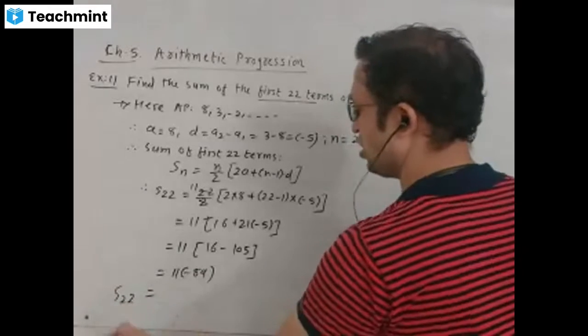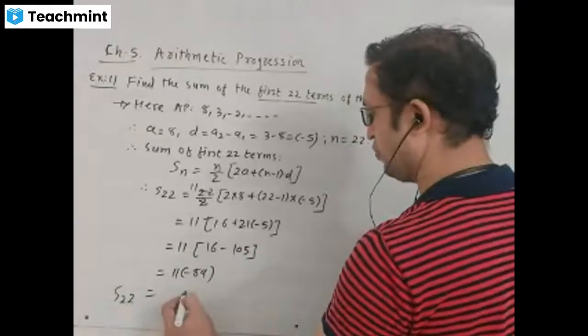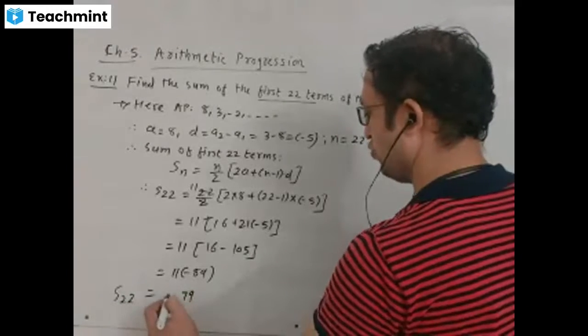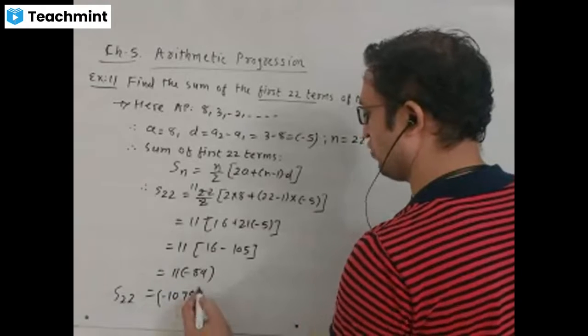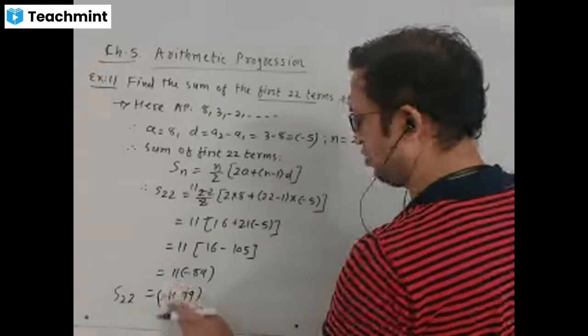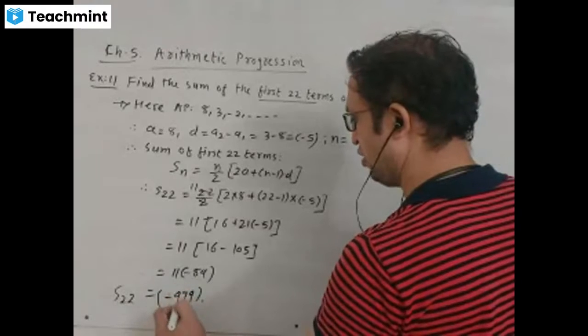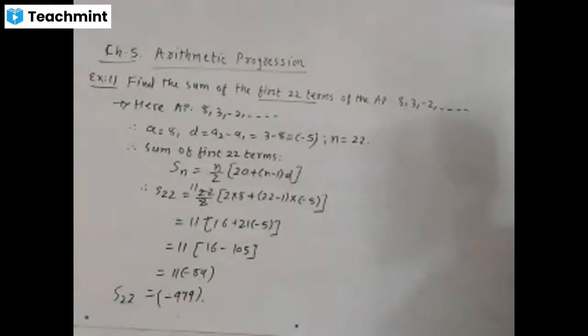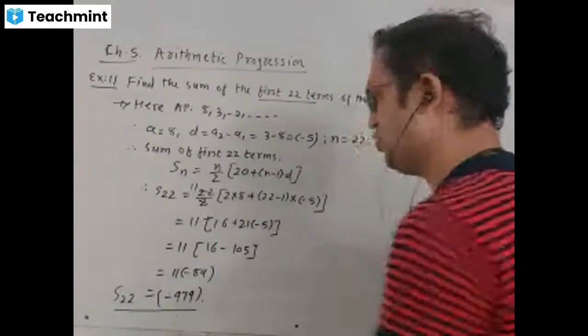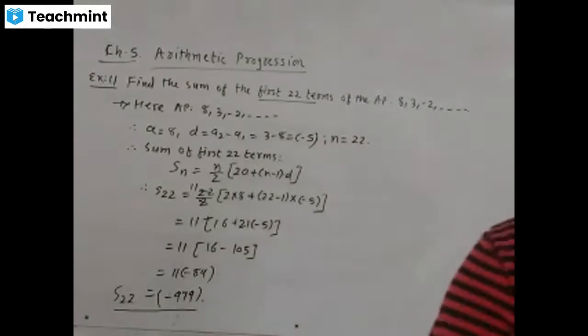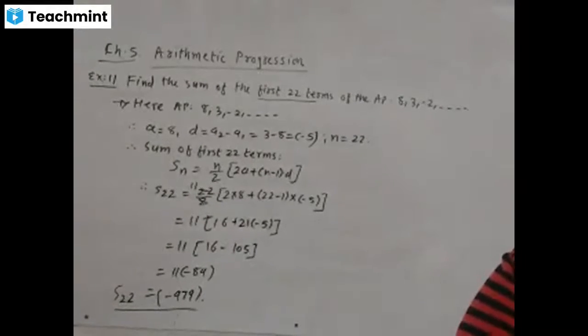Therefore, the sum of first 22 terms is negative 979. Okay, that is the sum of first 22 terms of an AP.